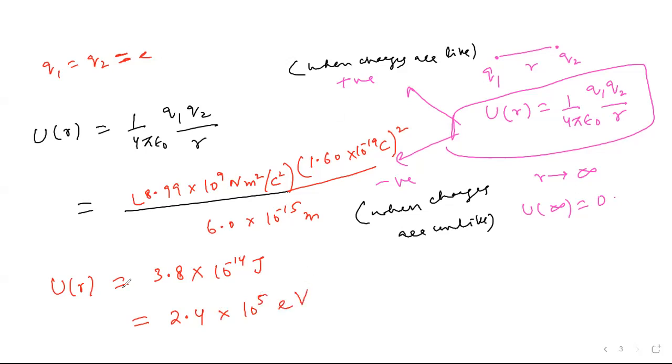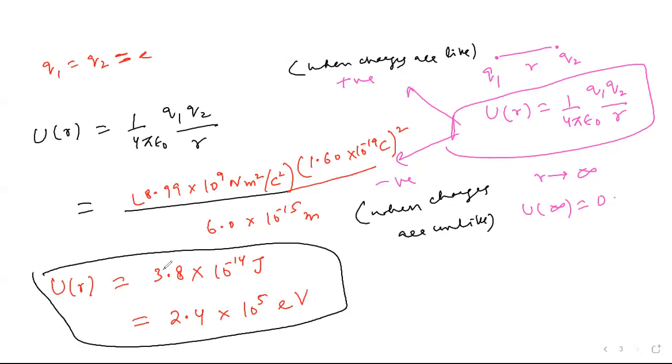Let me encircle it. So this is our answer. 3.8 into 10 raised to the power minus 14 joule, or 2.4 into 10 raised to the power 5 electron volt.